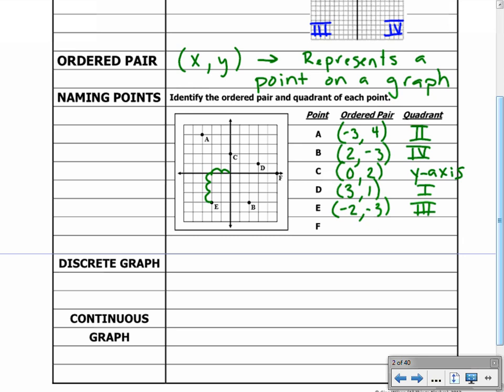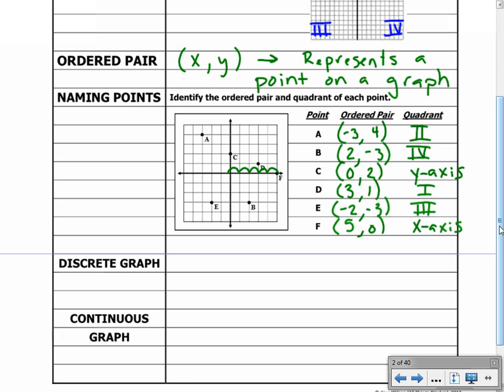And then our last point F is on the x-axis. Now my ordered pair, since I only have to go right 5 and up none, down none, my ordered pair is 5, 0.